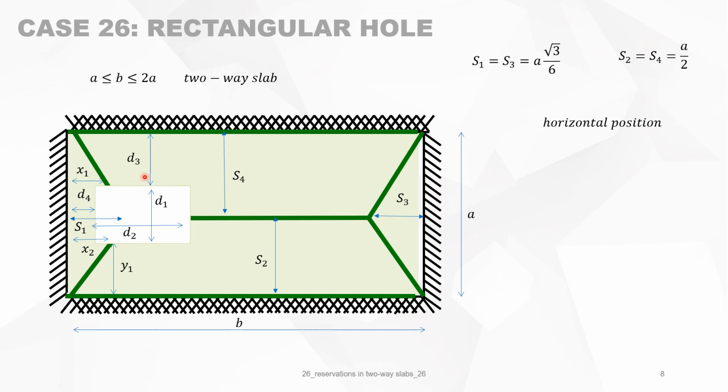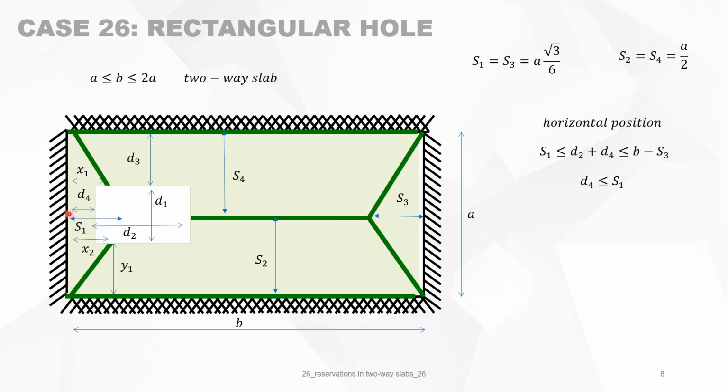The horizontal position of the reservation is such that the right-hand side of the reservation is always between the yield line on the left-hand side and the yield line on the right-hand side. So it means that D2 plus D4 must be smaller than this point, which is B minus S3, but must be bigger than S1, which is this point.